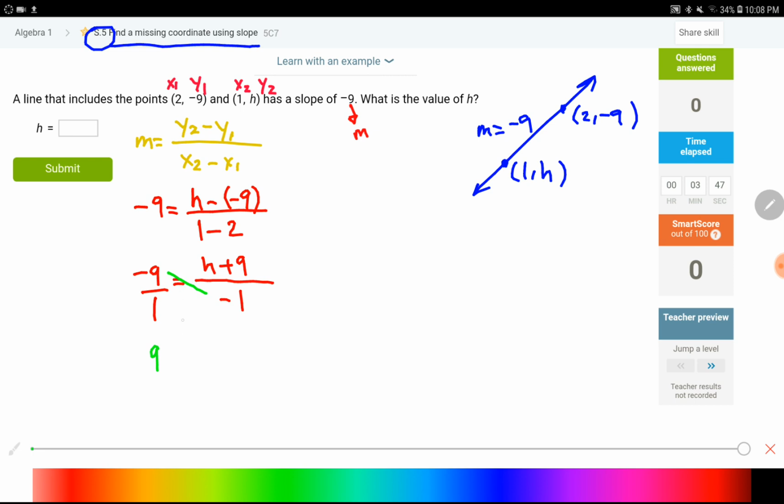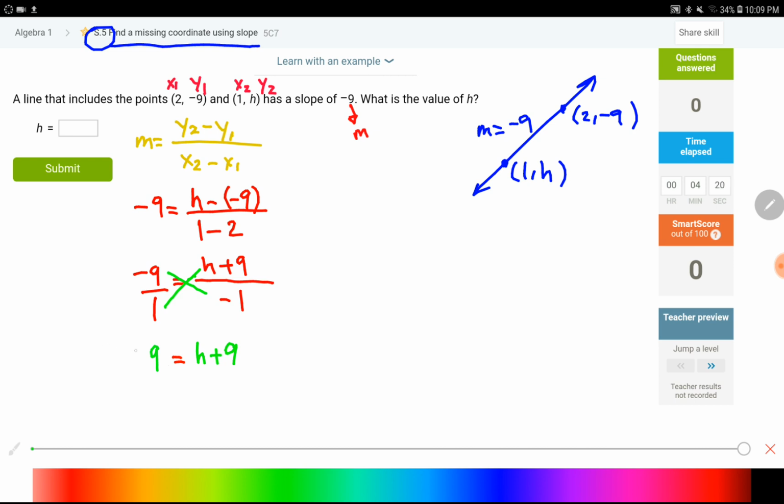Now I want to bring that equal sign down here, and I want to multiply 1 by h plus 9. When you multiply 1 by anything, doesn't matter what it is, it could be h plus 9, it could be 15, it could be like a or x, the answer is going to be equal to the other term. In here, 1 times h plus 9 equals h plus 9.